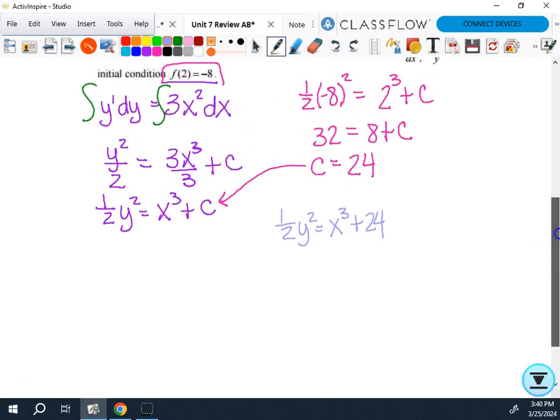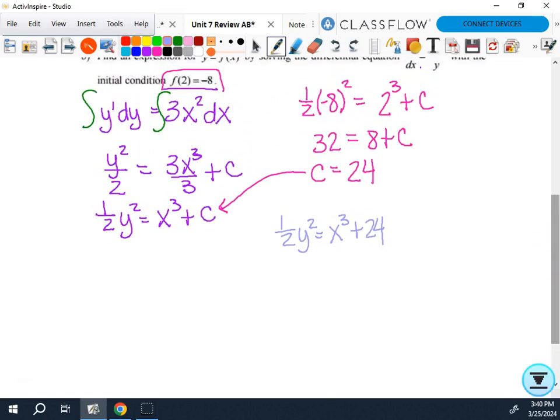Here's how the c sort of absorbs stuff. If I had multiplied both sides by 2 right here, I'd have y squared equals 2x cubed. This would still be plus c, but the c I got out of here would have been different than what I got. So it works out either way just fine.